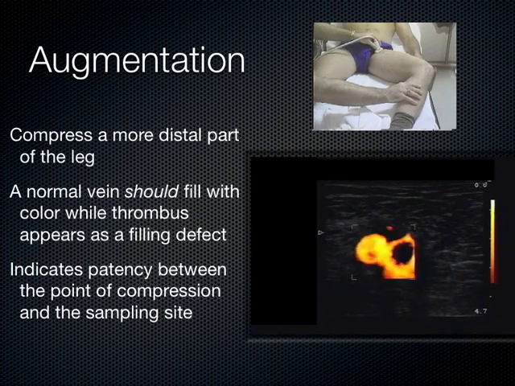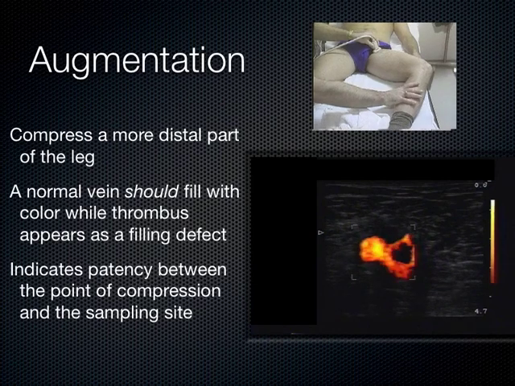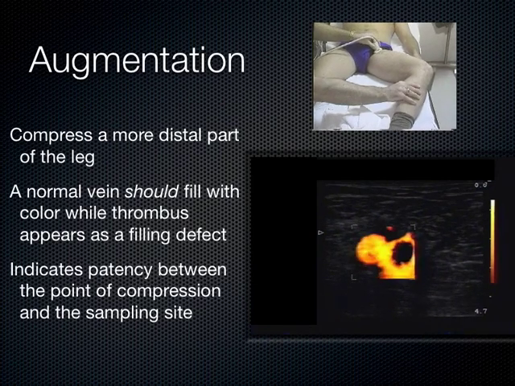However, it's largely fallen out of favor because it doesn't have good test characteristics to diagnose a DVT or not. And so you can't rely on augmentation. It's a fun thing to do. I do it all the time. It's sort of a geeky ultrasound thing I love to do, but I can't rely on it.